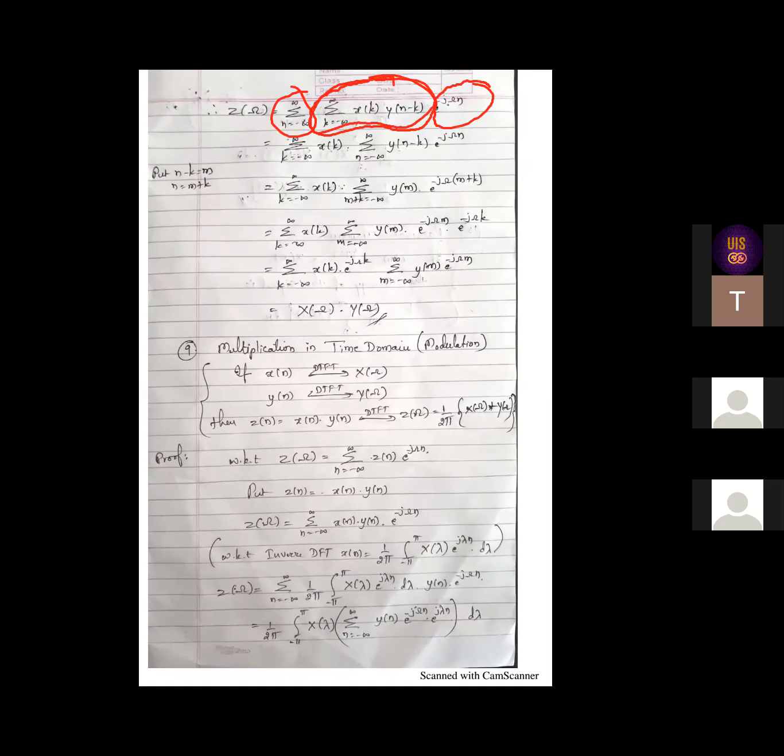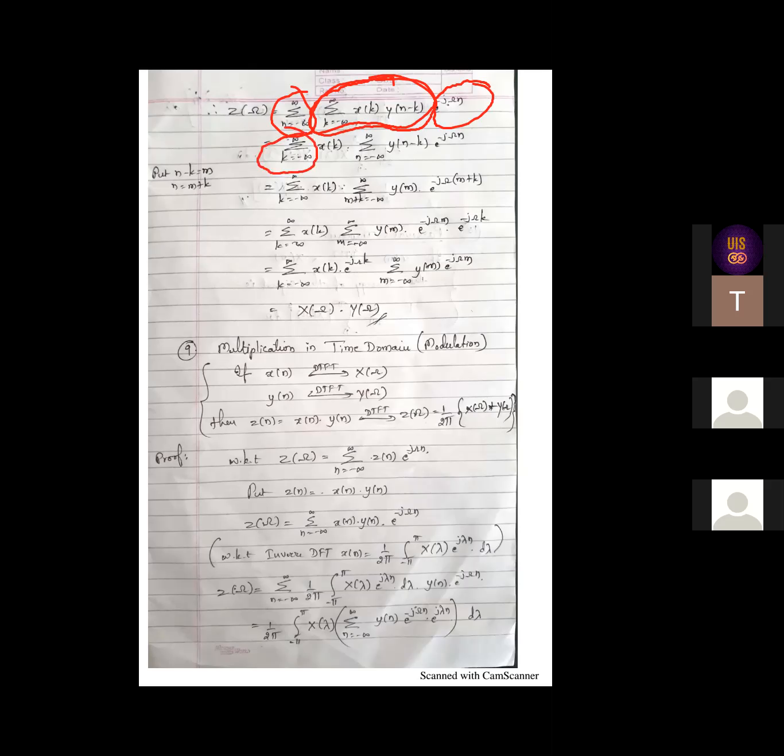So in the next step, if you observe, there are actually two variables. One is n, one is k. In the next step, wherever the k variable is associated, I'm clubbing that with the k summation.